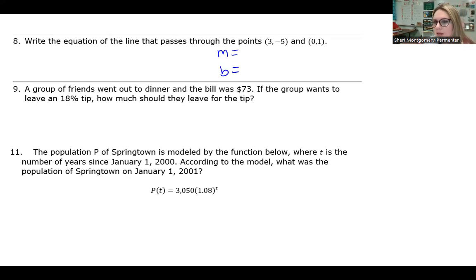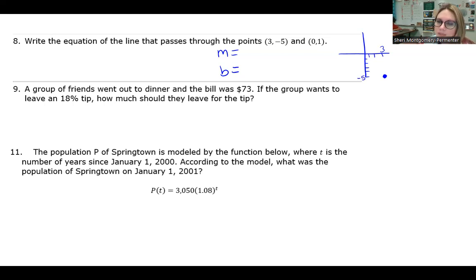So I can make an x and a y, and I can sketch out these points. The first point is at 3, -5, so I'm going to sketch that on my graph. There's my first point.